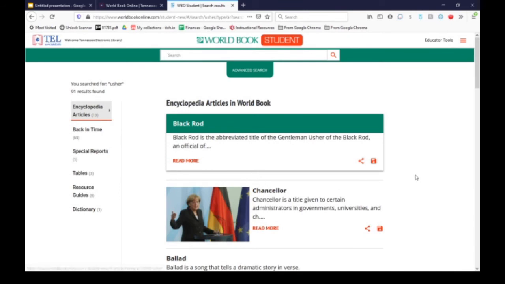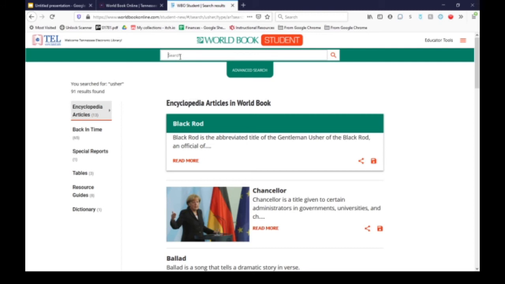So there are certain pop culture individuals who are not going to be on here. I would not expect your favorite TikTok artist to have an article in the World Book Encyclopedia. Just getting that bit of disappointment out of the way now. Right, so whenever you look up someone who only came out in the last 5-10 years, chances are they're probably not going to be here.